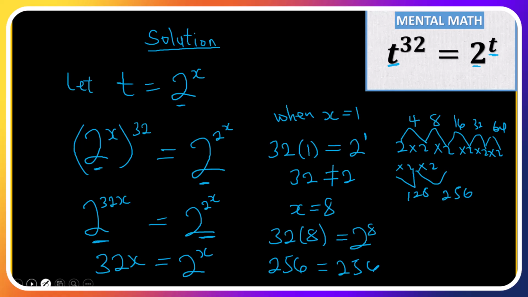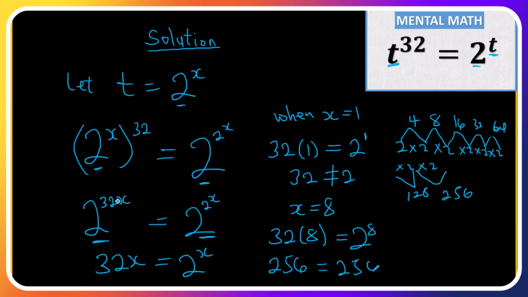So if x is equal to 8, now t was set to a certain exponential form. t was equal to 2 raised to the power x. Now let's substitute: t equals 2 raised to the power x, and x is 8, so we have t equals 2 raised to the power 8, and t gives us 256.